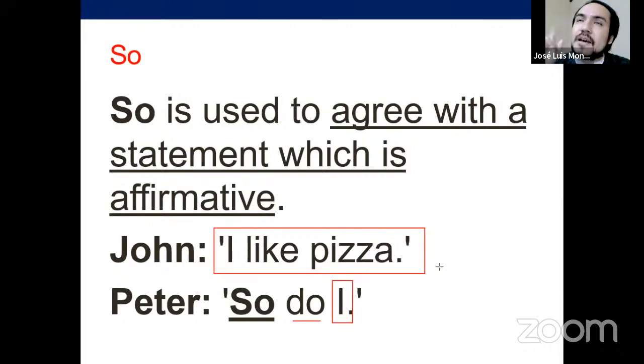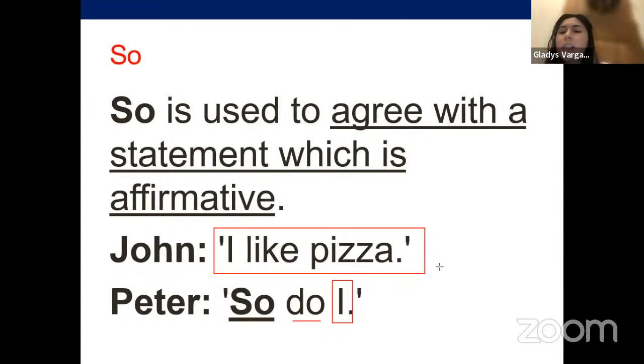If I say, I was in the United States 2 years ago, how do you show agreement with that? So did I. But in my sentence, I'm using the verb to be in past. I was in the United States, right? So remember the rule.